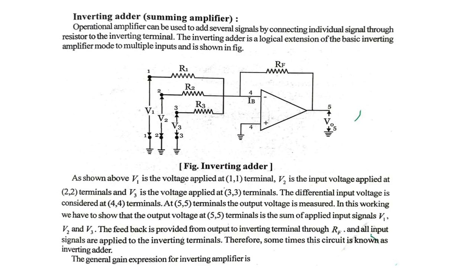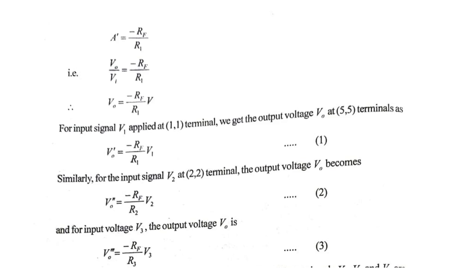The general gain expression for an inverting amplifier is A = -RF/Ri, that is, V0/Vi = -RF/R1. Therefore, V0 = -(RF/R1) × V.